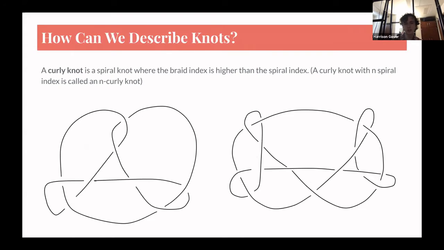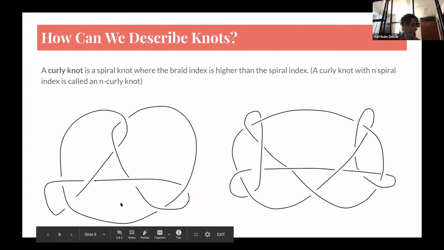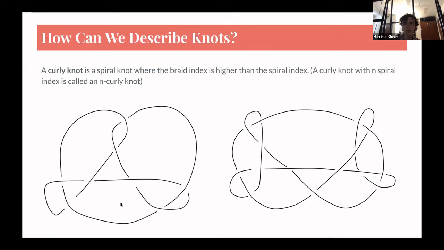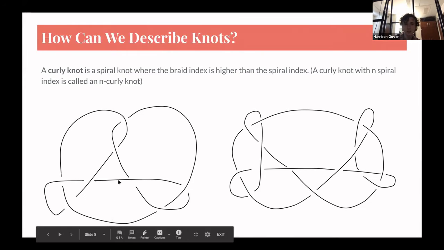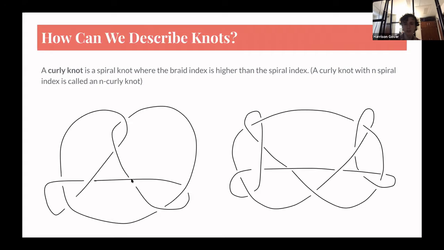However, that doesn't change the fact that it still has a higher braid index, because there's no real dot that you can put anywhere in the diagram that the knot completely travels around consistently. And that's because of what we call eye circles in the middle. The eye circles are what cause the braid index to be different, and every single curly diagram has at least one eye circle.